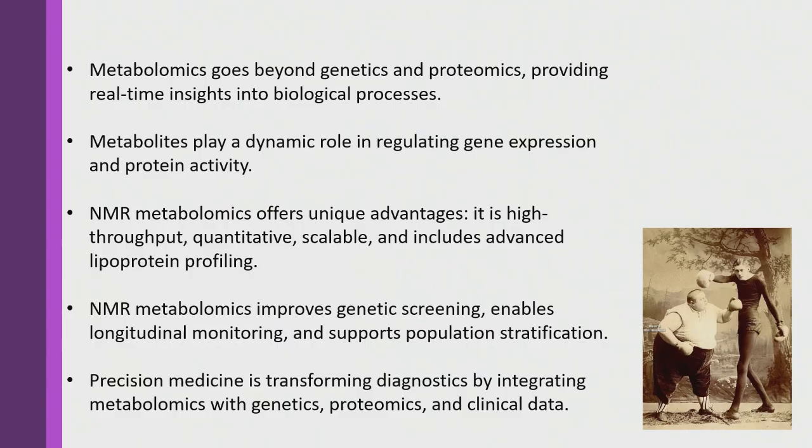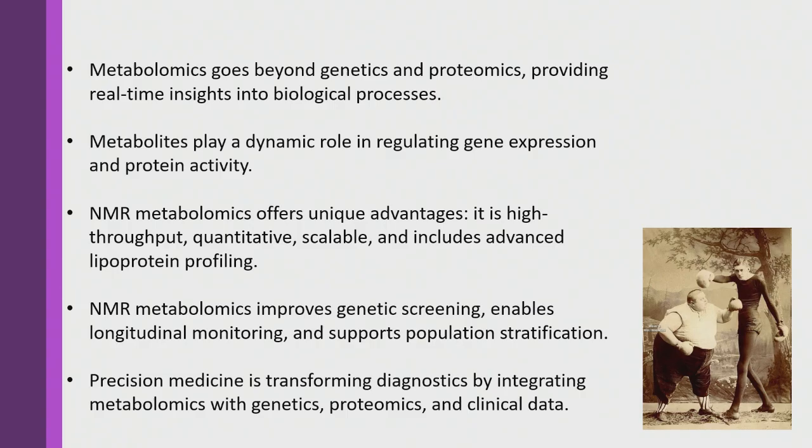We don't know. In that case, I would like to remind you that metabolomics goes beyond genetics and proteomics. It's providing real-time insights into the biological process. Metabolomics plays a dynamic role in regulating gene expression and protein activity, changing the central dogma. NMR metabolomics offers unique advantages, also disadvantages, but in the case of advantages, it's high throughput, quantitative, scalable, and includes advanced lipoprotein profiling that is relevant for cardiometabolic disease.